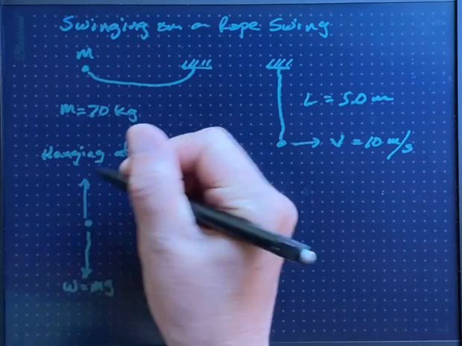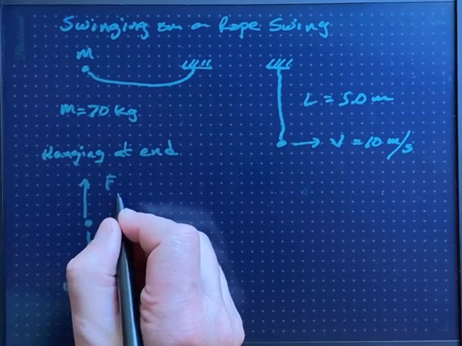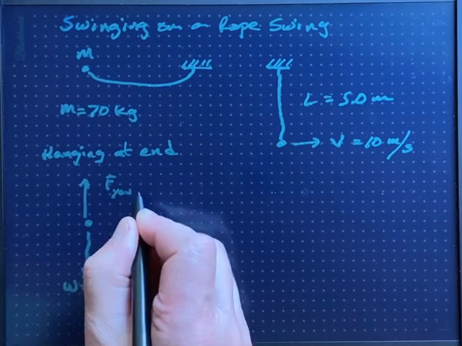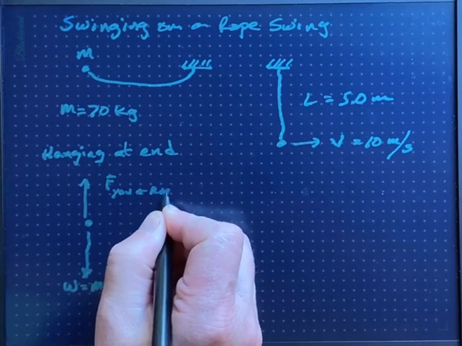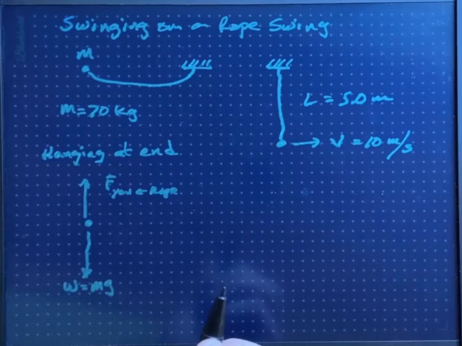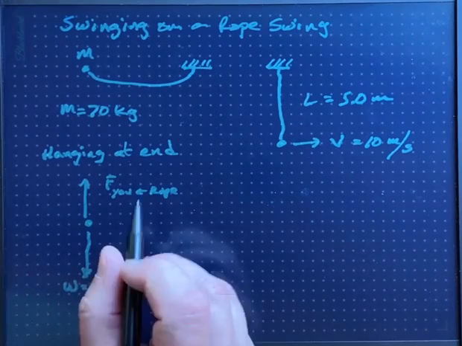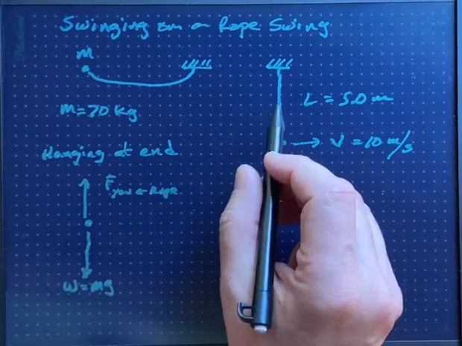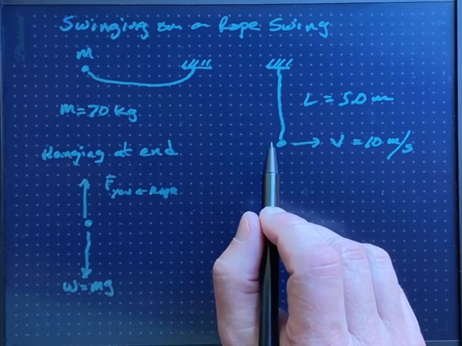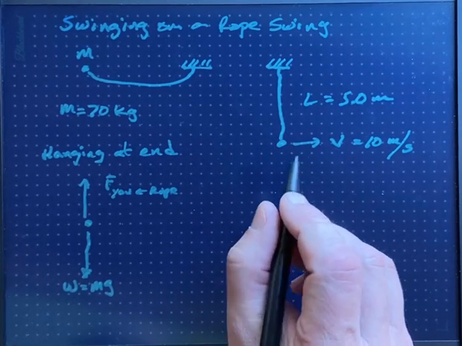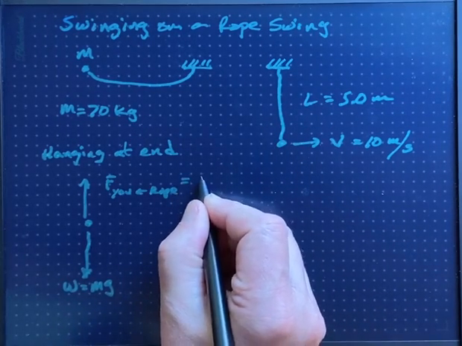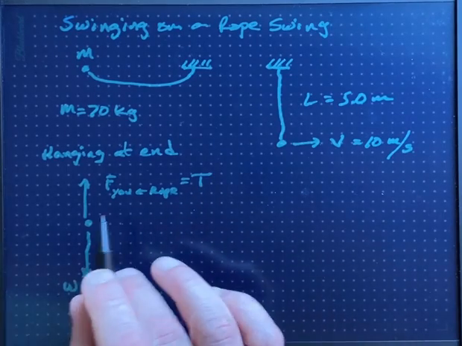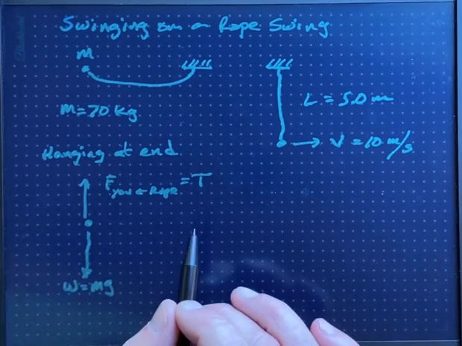So this force technically is the force on you by the rope, to use its full name. However, we often shorten those types of forces, the types of forces that are exerted by ropes and strings and cables and cords, to call them tension forces, because it's hard to say the force on you by the rope.